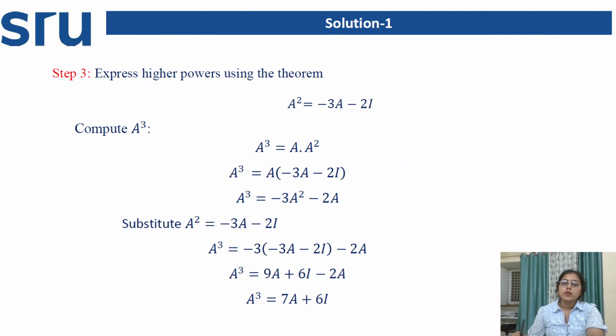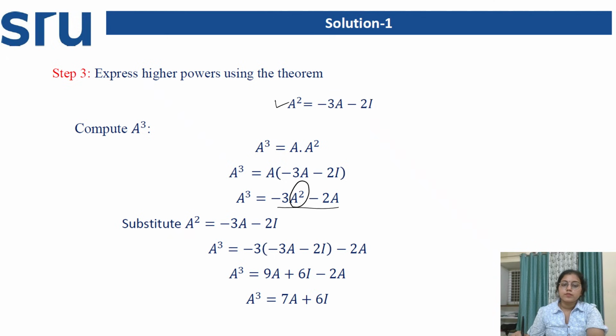Now you have to compute A cube. For A cube, multiply A with A square. So you have to write A here, and this one is nothing but your A square. So write the value of A square here. So you get this. Now substitute A square, this value, in this place.